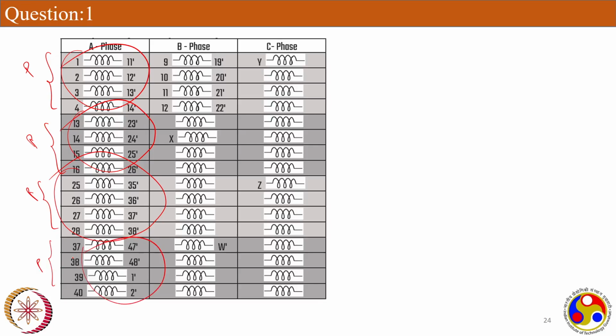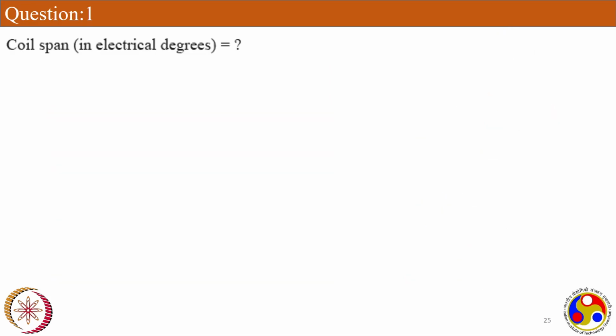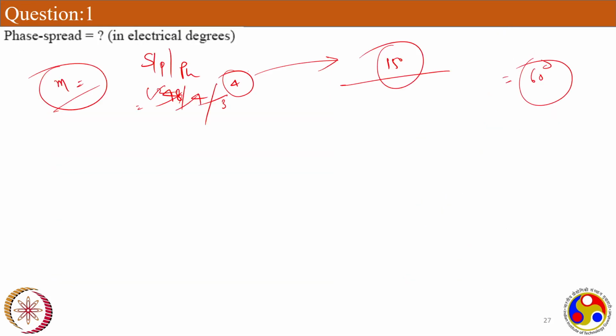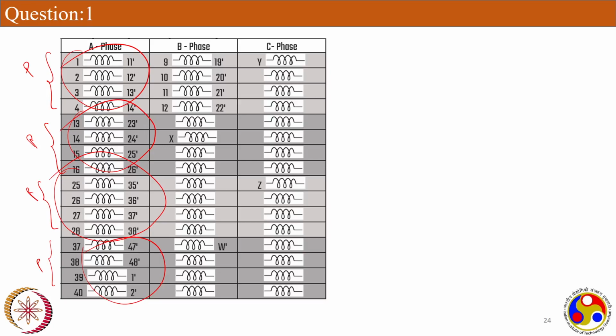It's a 4-pole machine, so the number of coil groups would be 4. In that logic, here, how many poles are there? A 6-pole machine. You got the solution for this also, right?